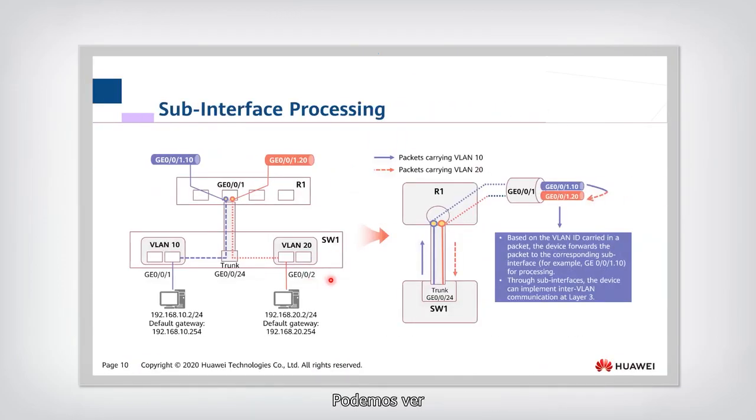Here you can see that the packets are transmitted from VLAN 10 in the switch and then go to the outgoing interface, the trunk interface. Then they are transmitted to the sub-interface of the router. The packet here has no tag, and when it goes out, it has the tag because it goes through VLAN 10.